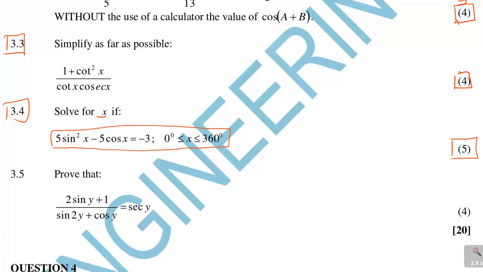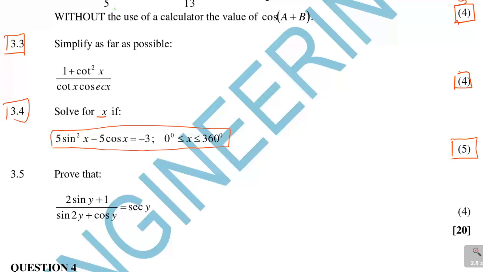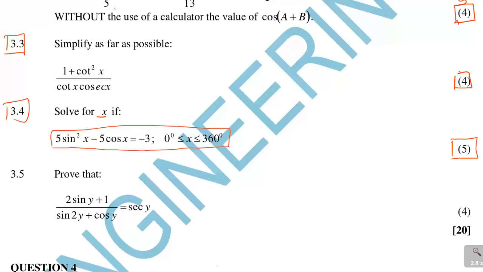So it's 5 sin squared x. Let me write it. So you are given here 5 sin squared x, minus 5 cos x, is equal to negative 3, and then they gave you that part to say 0 is less than or equal to x is less than or equal to 360.